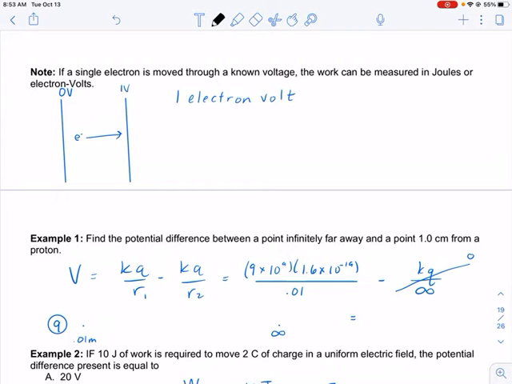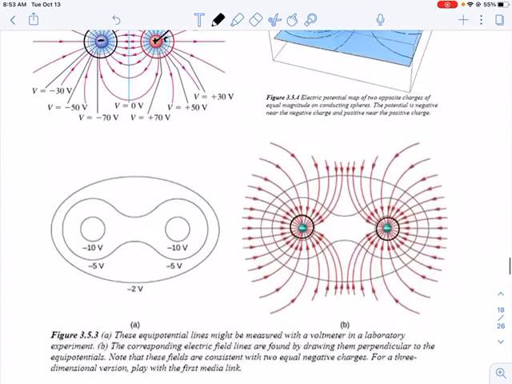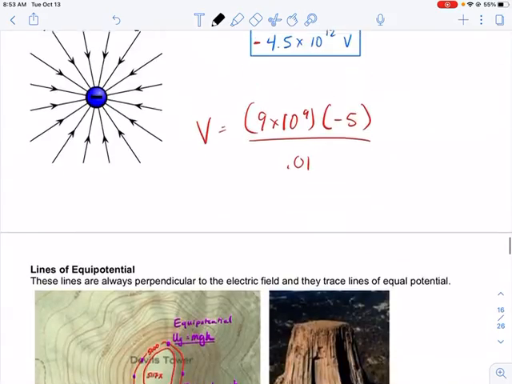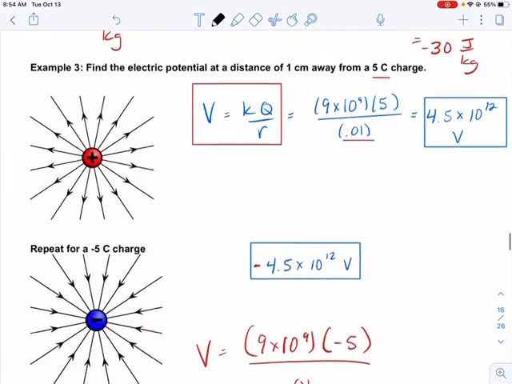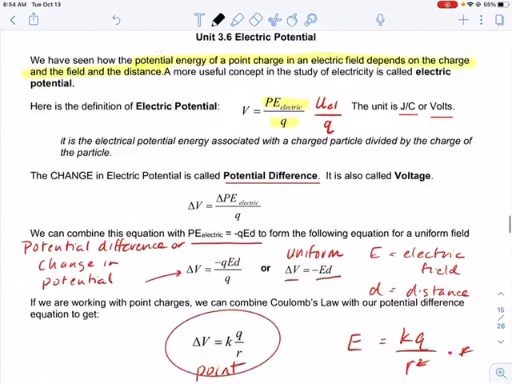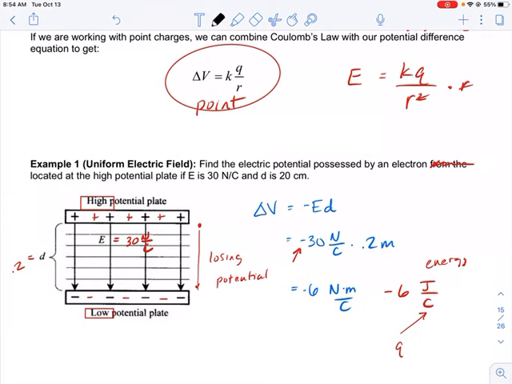Okay, this is a good time to introduce a new unit for work. Another unit for work is called the electron volt. If I go back and look at voltage, a volt is a joule per coulomb.